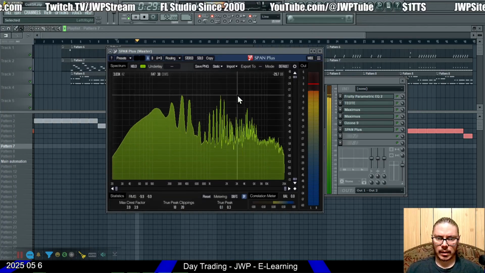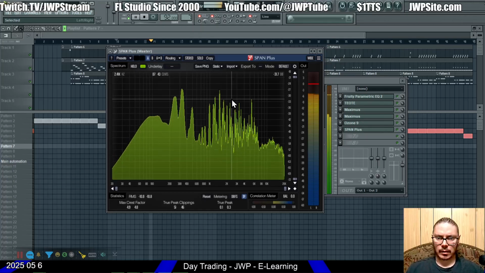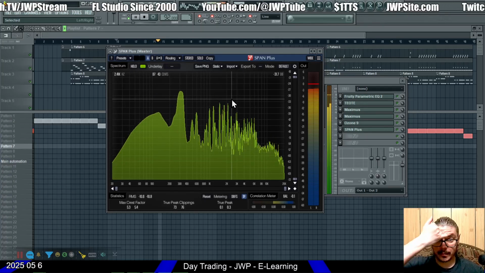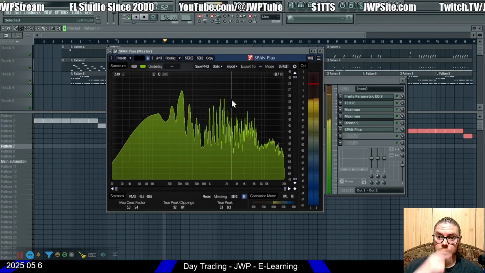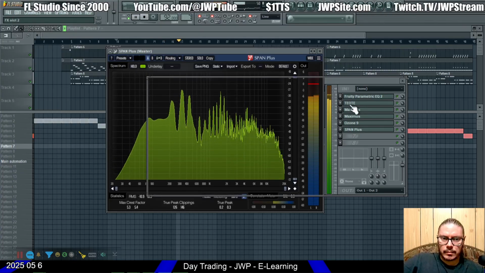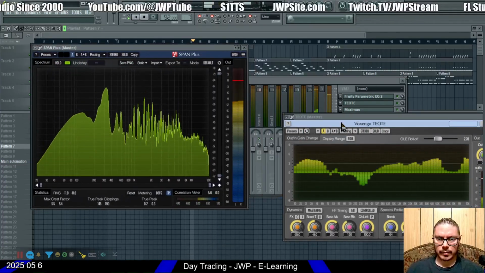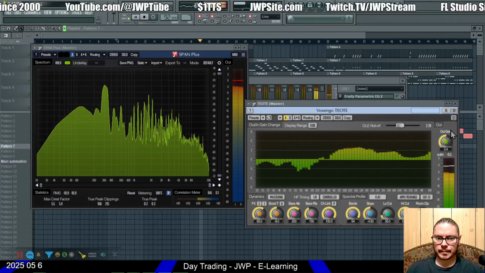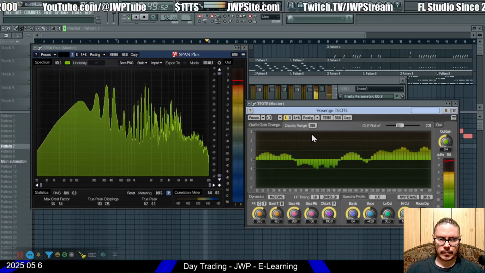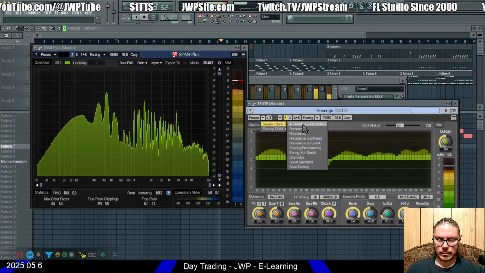Probably a lopsided balance. Yeah, there's a lot of mid-low there. Low-mid. The bass isn't doing such a good job keeping itself, and Tote isn't pulling on the low end enough. I don't think it can.